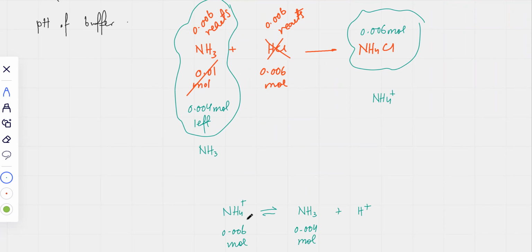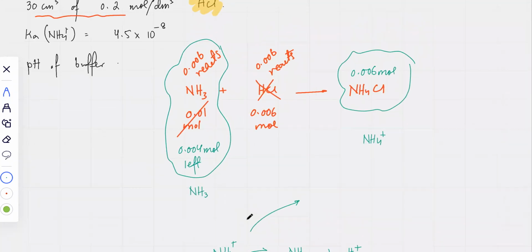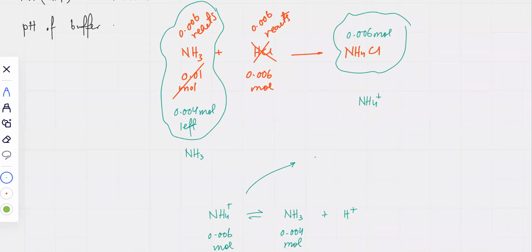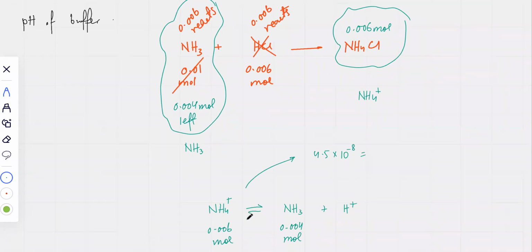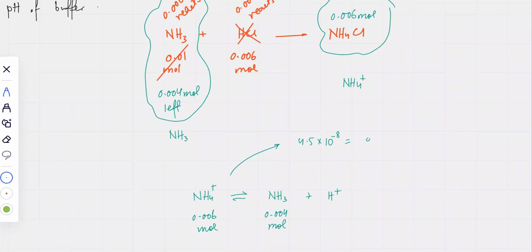So all you have to do is use the expression for K. I think I gave you the 4.5 times 10 to the power minus 8. And that's equal to 0.004 divided by 0.006, into the concentration of H+.